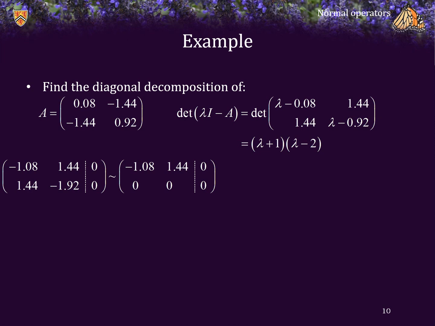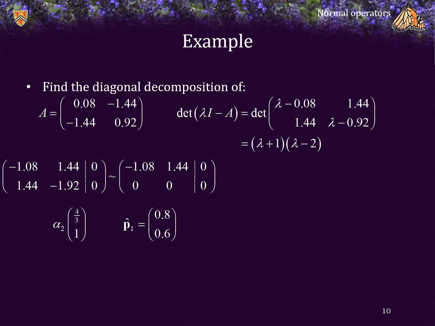Therefore, alpha 2 is a free variable, and therefore we can determine that alpha 1 is 4/3 times alpha 2. And if we normalize that vector there, we get that the first normalized vector is 0.8, 0.6.